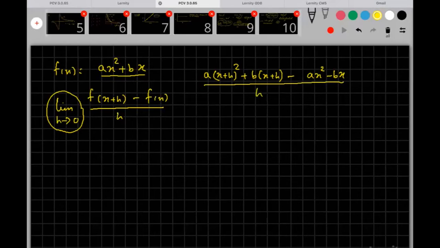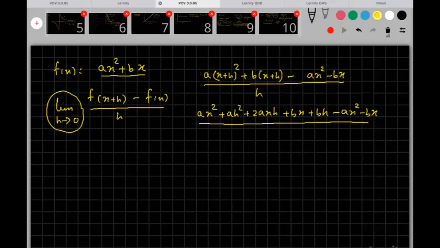It becomes ax square plus ah square plus 2axh plus bx plus bh minus ax square minus bx, whole divided by h, limit h tending to 0. So ax square gets cancelled. This is ah square. I'm sorry, this won't get cancelled, leave it.